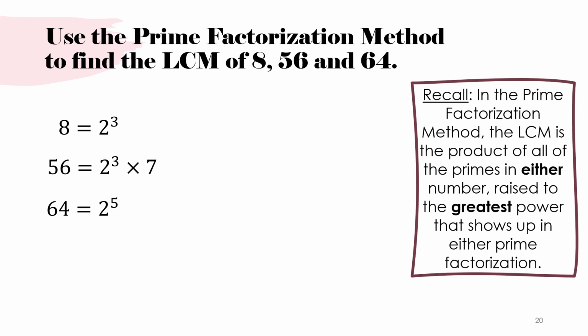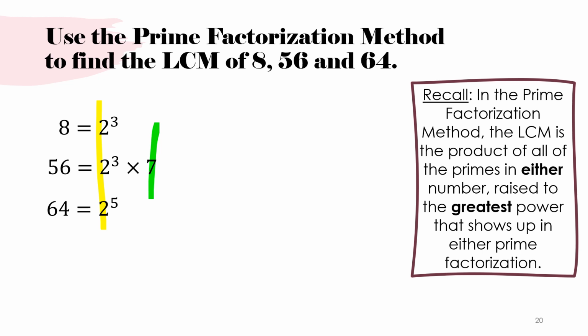So our least common multiple is going to include the number 2, and it's going to include the number 7.